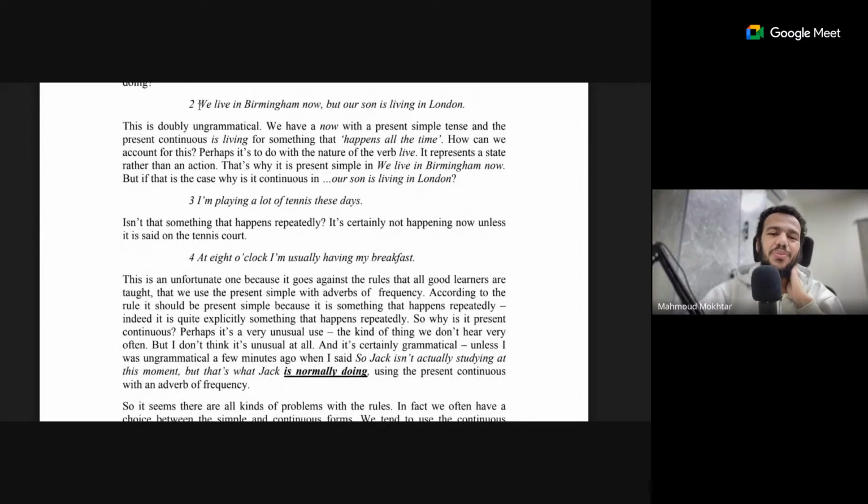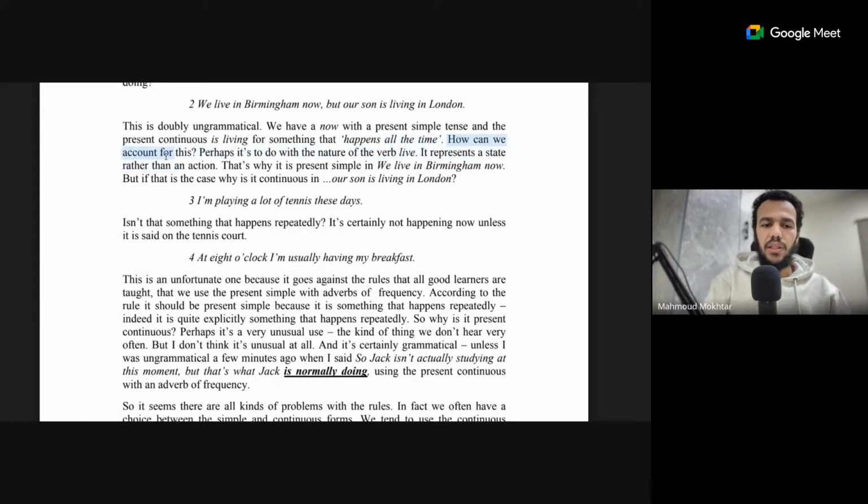Two. We live in Birmingham now, but our son is living in London. This is doubly ungrammatical. We have the word now with present simple tense, and the present continuous is living for something that happens all the time.